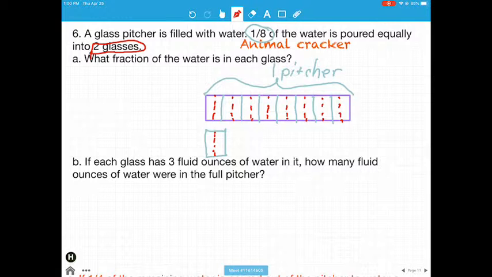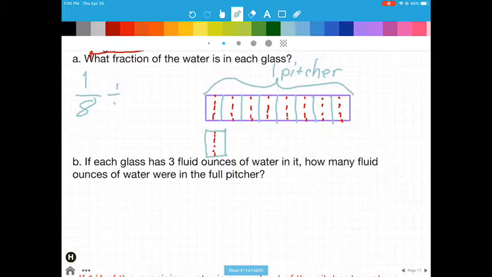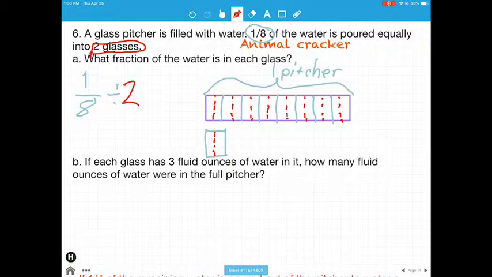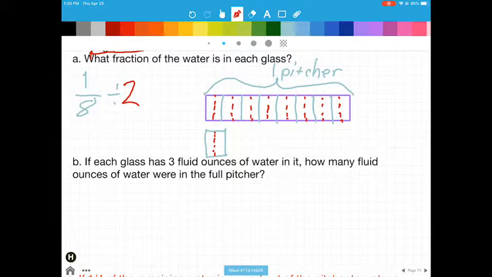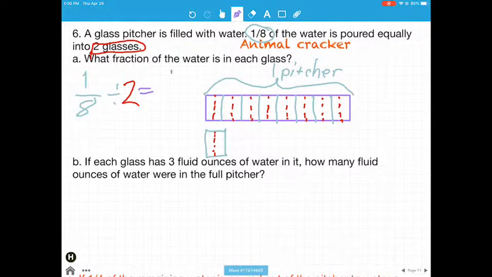What fraction of the water is in each glass? Hopefully you see that the problem here is 1/8 divided by 2. So we know that this is going to be a fraction answer. Most of you know that you just multiply the whole number times the denominator to get your new one.